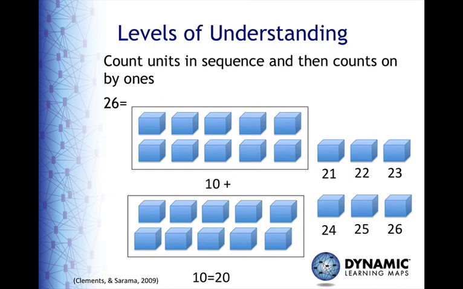Then a student can count units in sequence, understanding that you count by tens and then count by ones. 26 cubes are separated into 2 equal groups of 10 and counted as 10, 20, and then the student counts on 21, 22, 23, 24, 25, 26.